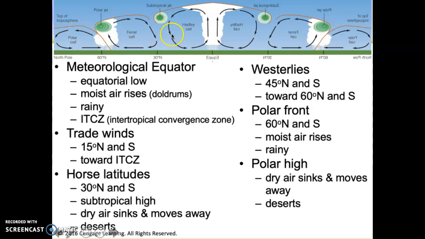That also means that this subtropical high will move north in our summer and it'll get closer to us. So that's when we get those hot, dry days in August. And then in the winter, of course, it moves back south and things get wetter during our winter and spring.